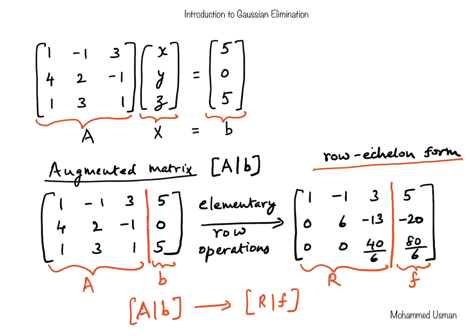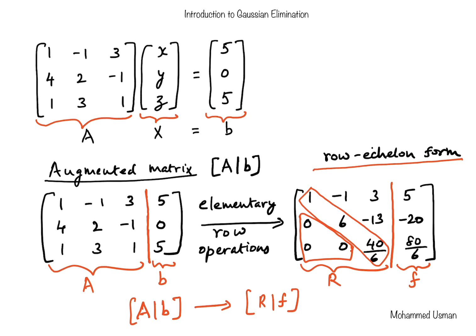Now a few properties that you see from this row-echelon form or the reduced matrix is that all numbers below the diagonal are now 0. So that's your diagonal elements. All numbers below the diagonal have been reduced to 0, and when we have such a format of the matrix, we call it the row-echelon form.